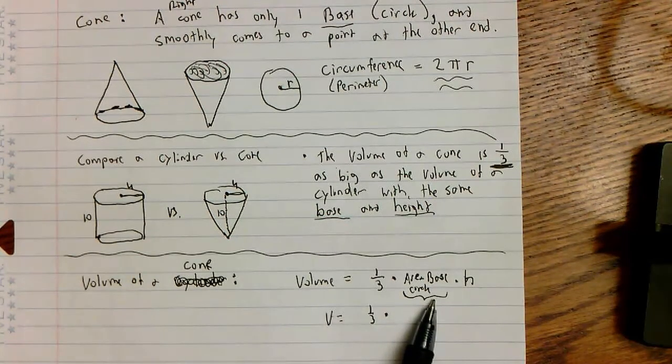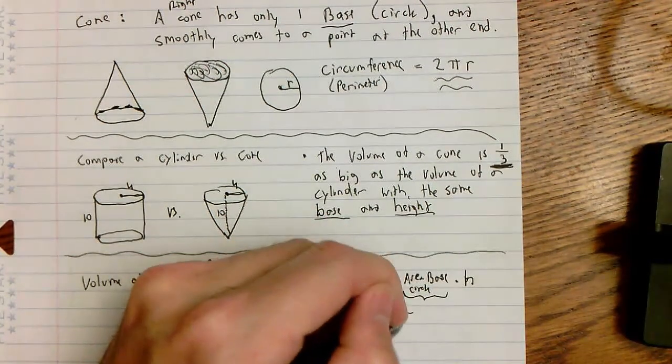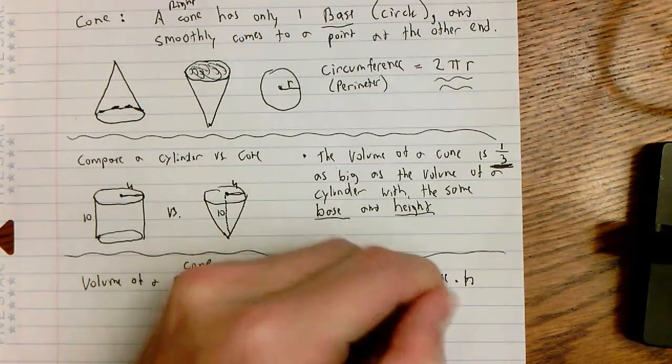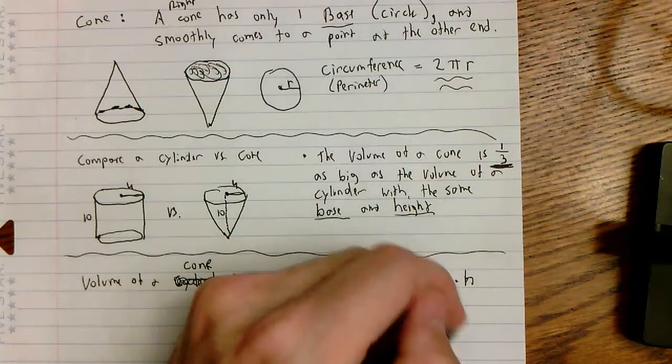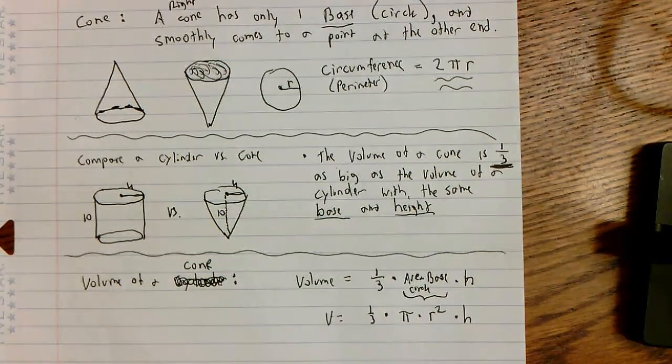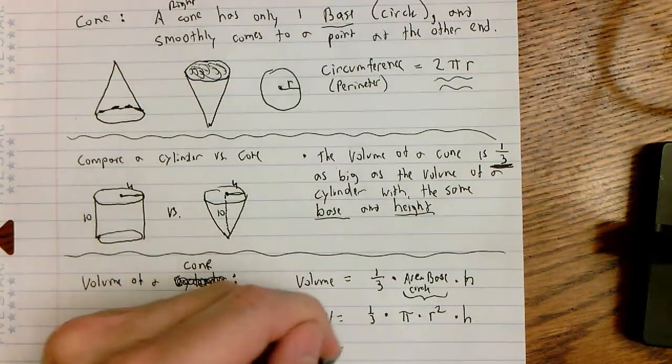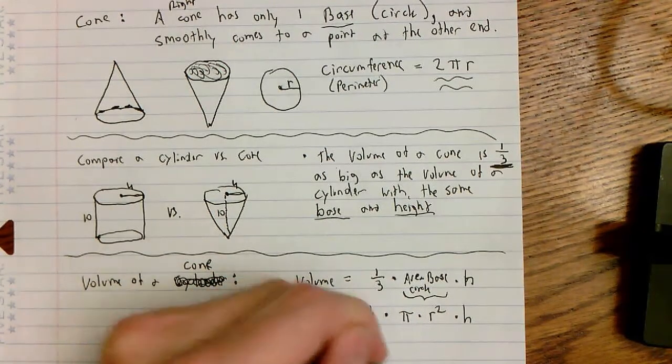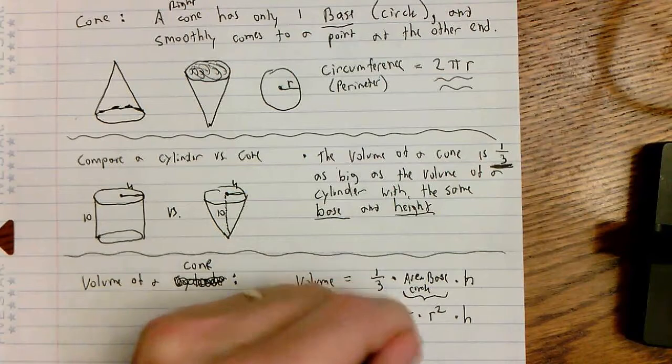The area of a circle, we went over this yesterday, is pi r squared. So if we put that all together, that would be 1/3 pi r squared h.